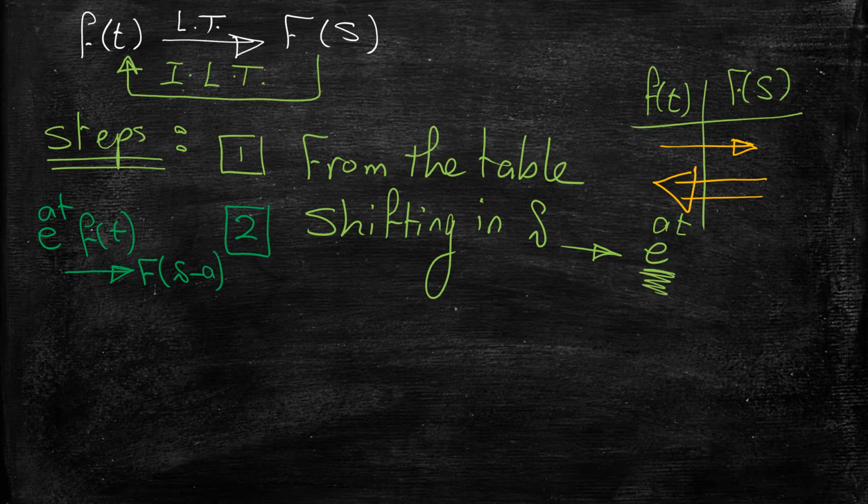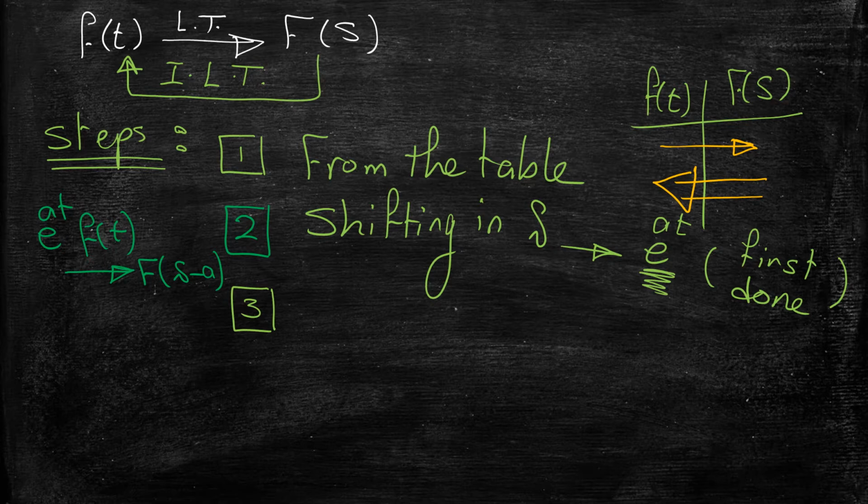Previously the exponential was the last step in our transformation, the regular way from t to s. Now in the opposite direction, this will be done first. If there is some shifting, we can reduce this to the basic one without shifting, get the exponential outside to be simplified, and then get it from the table.